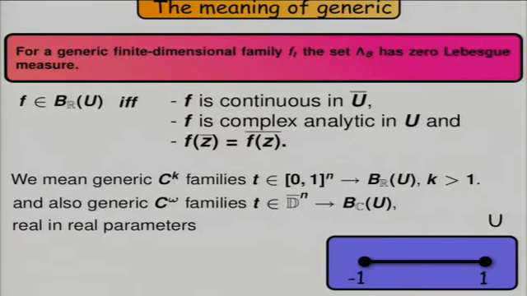And what I mean by generic, I mean C^k families, generic C^k families that go from an n-dimensional square to this Banach space. And also I consider real analytic families. So it's not very well described here, but real analytic families that are continuous in the boundary of this multi-disk. Okay? So generic in these topologies.